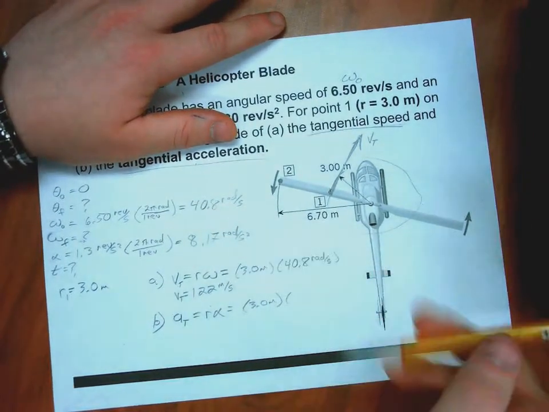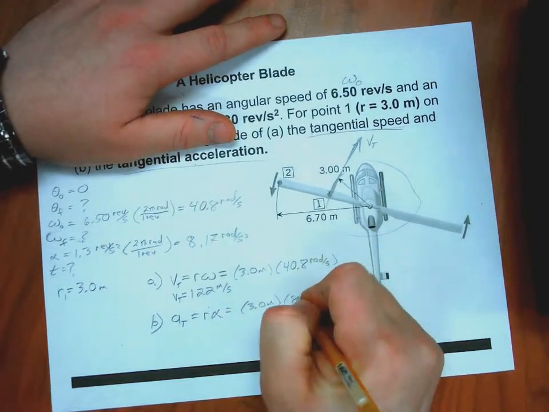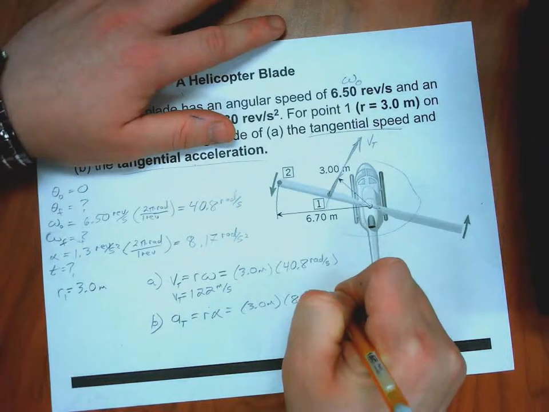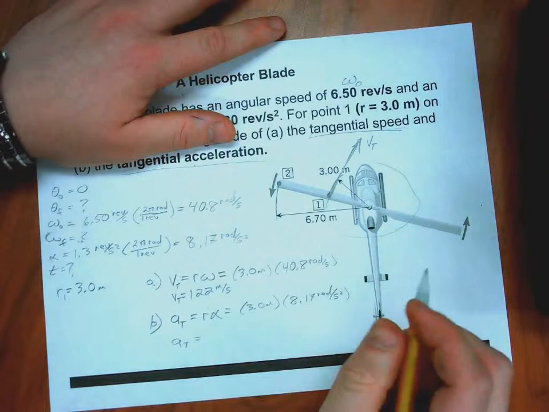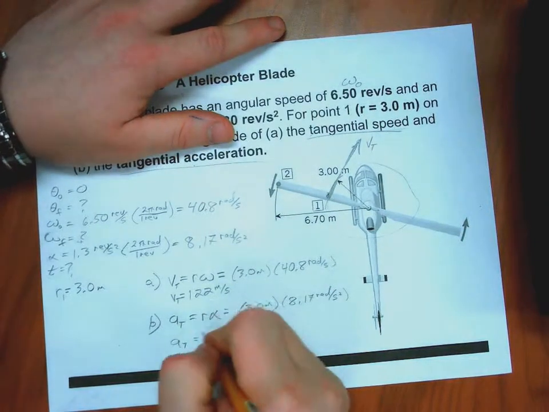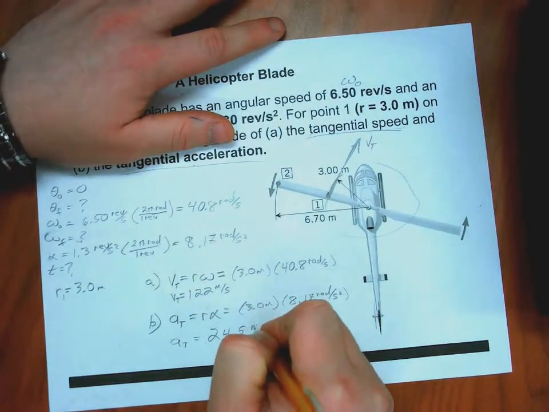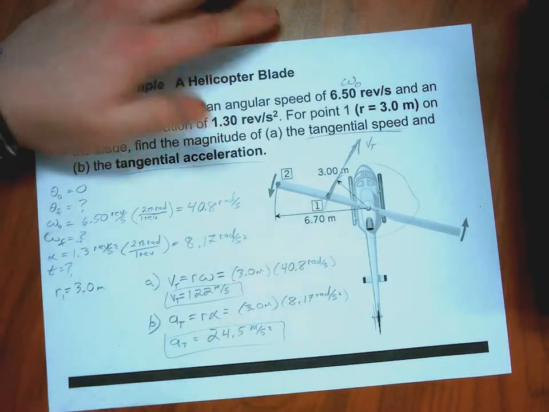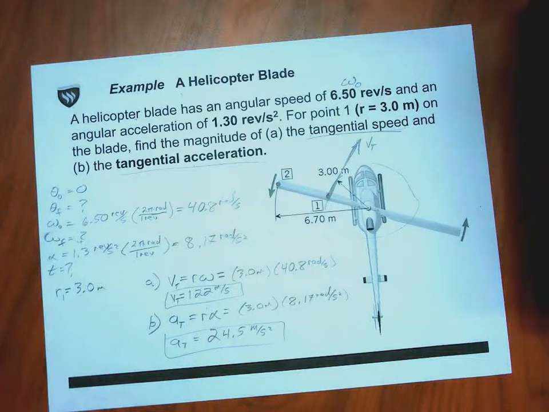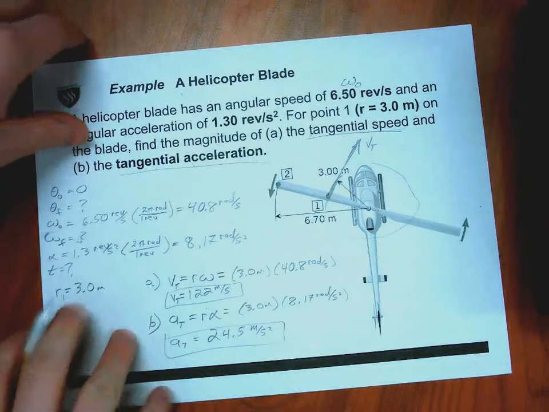We want radians. 8.17 radians per second squared. A_T is then equal to 24.5 meters per second squared. You could say this problem is a whirl of fun.